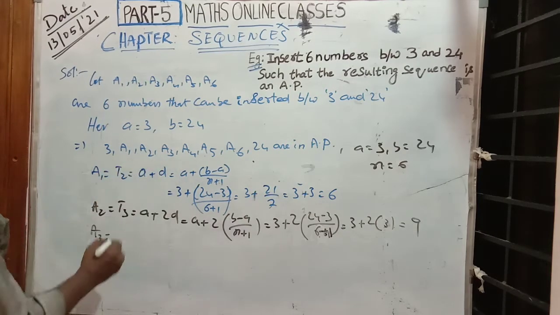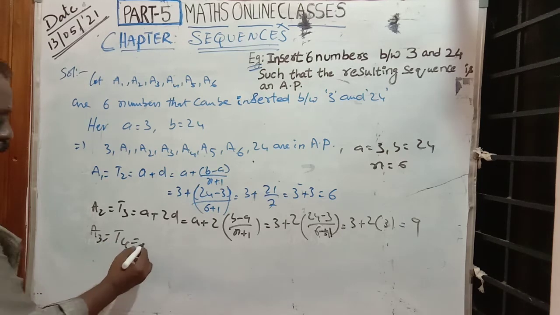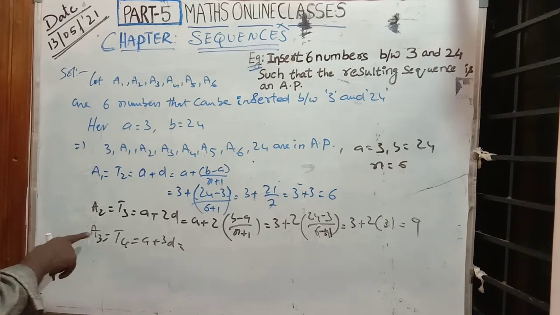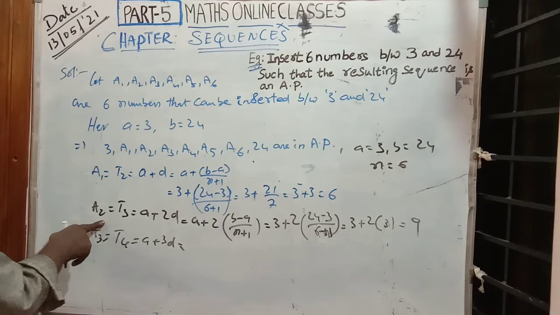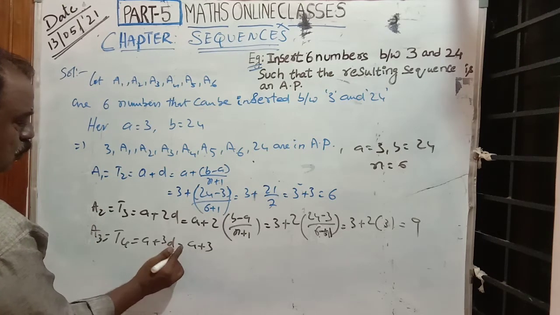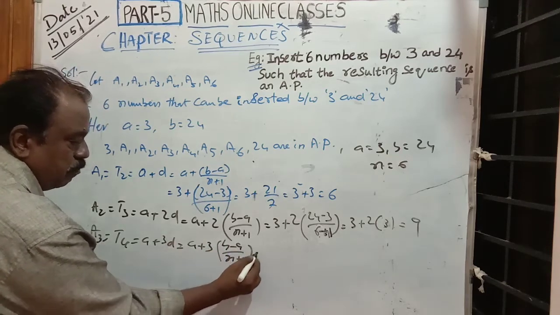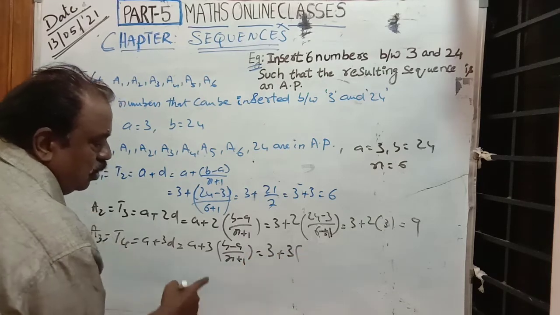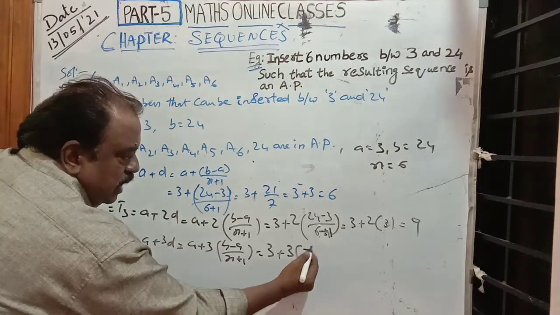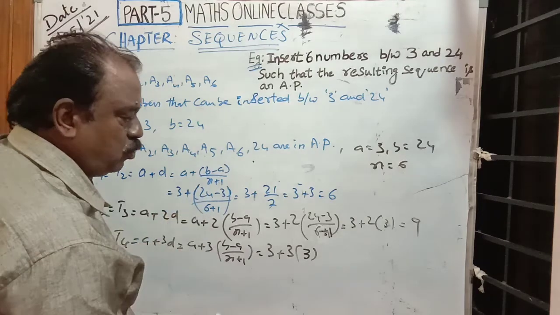What is A3? A3 is T4. A plus 3D. A3 means the third arithmetic mean. A2 means the second arithmetic mean. Here it is A plus 3 into, already we know it, (B minus A) by (N plus 1). A is 3, this is 3 into 3 only, because 24 minus 3 is 21, 21 by 7, 6 plus 1.